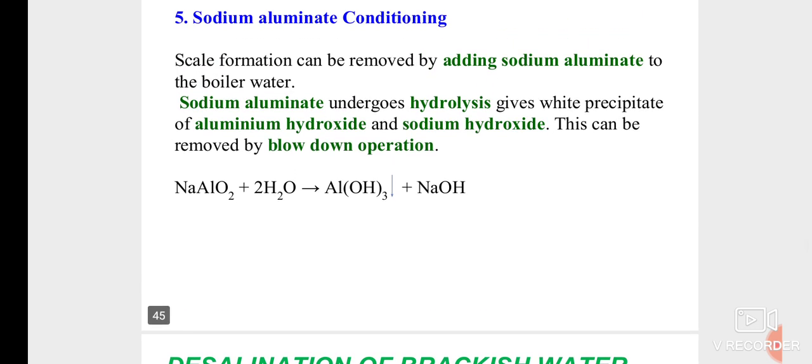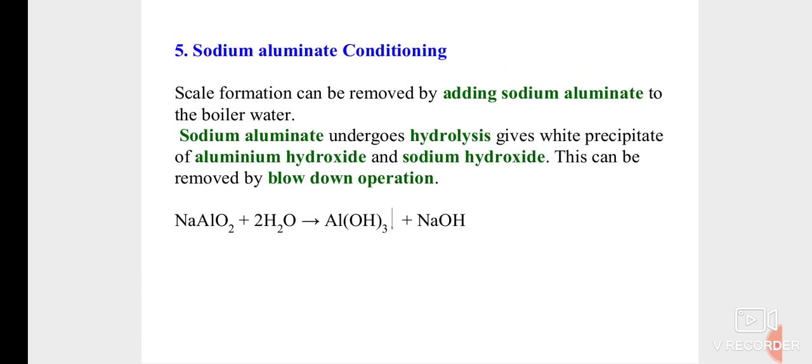Okay, so till now we have discussed the 5 different conditioning methods, that is the internal conditioning of the boiler feed water. Each conditioning is asked in 2 mark questions, so you have to prepare each conditioning thoroughly. First one is carbonate conditioning, then phosphate conditioning, then calgon conditioning, then colloidal conditioning, and the last one is sodium aluminate conditioning.